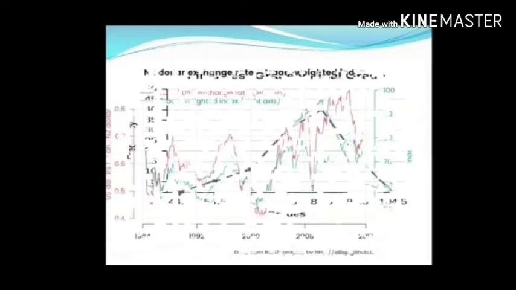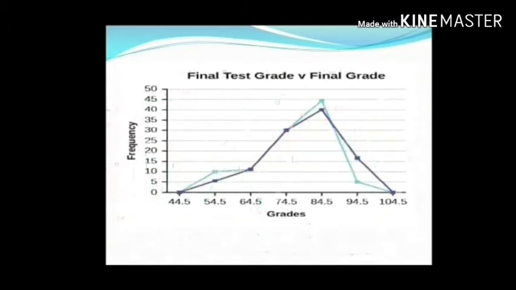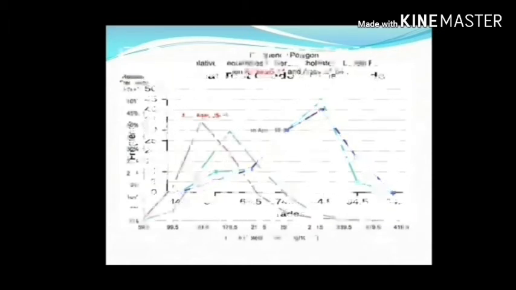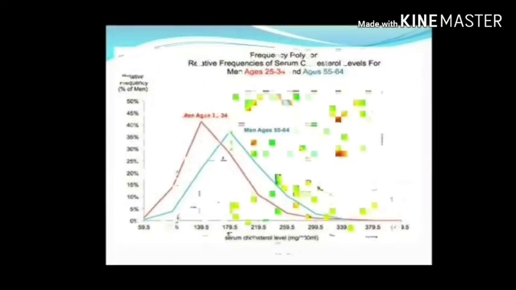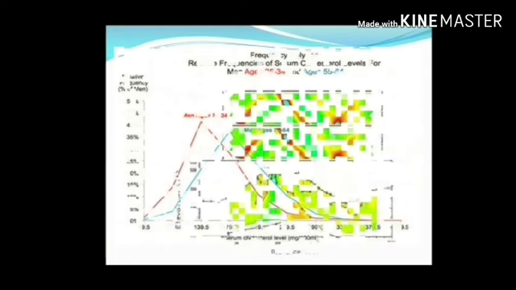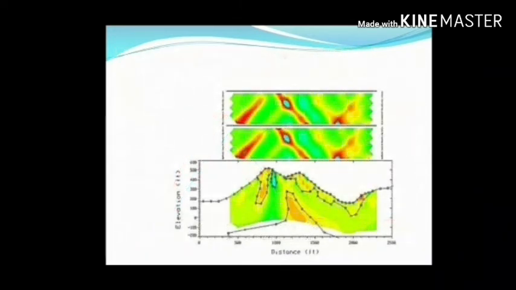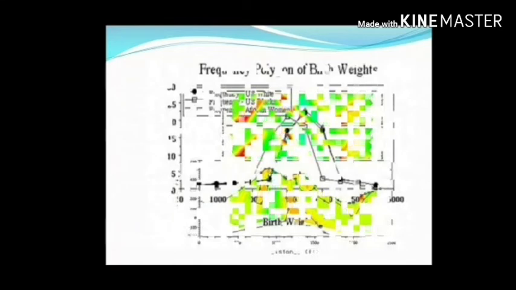Here the comparison is done using the frequency polygon. This graph shows the relative frequencies of serum cholesterol levels for men ages 25 to 34 and ages 55 to 64. So in the medical field also we make use of this frequency polygon.